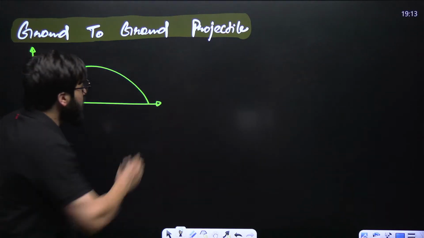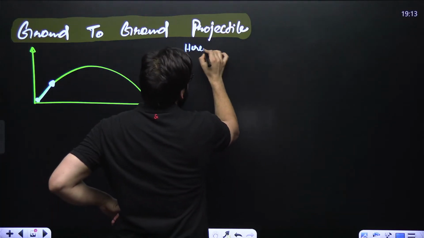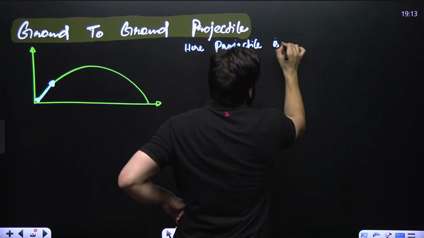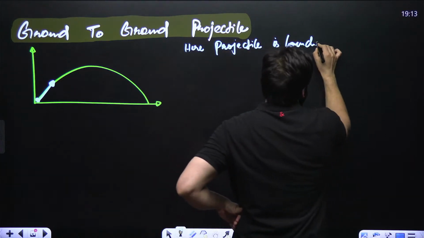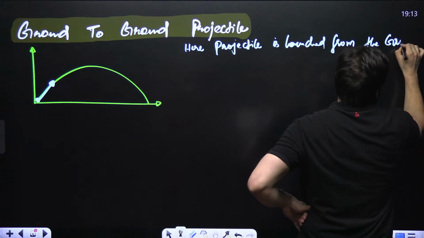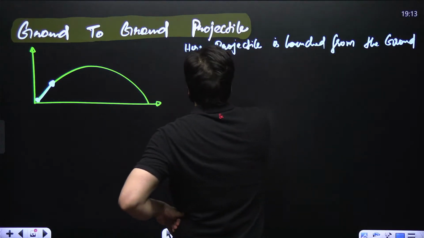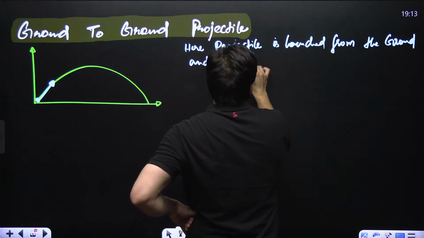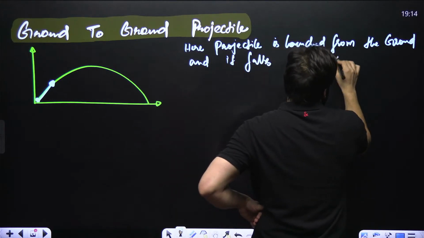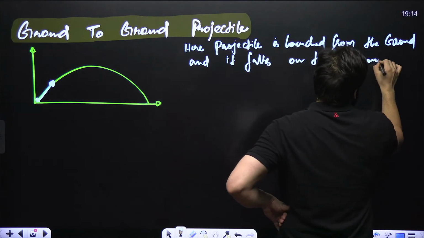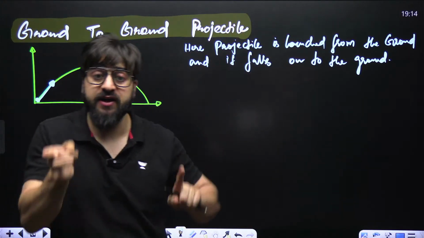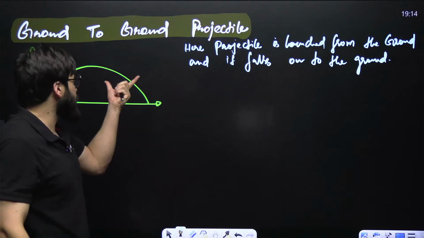Here, the projectile is launched from the ground, and it falls onto the ground. That's what we call the ground to ground case.